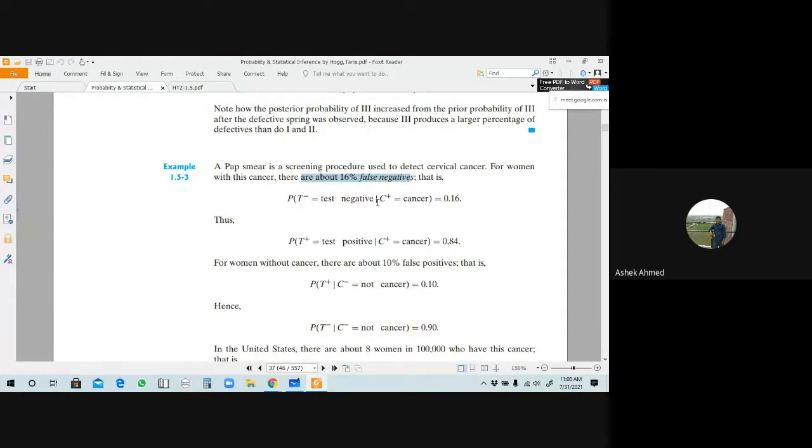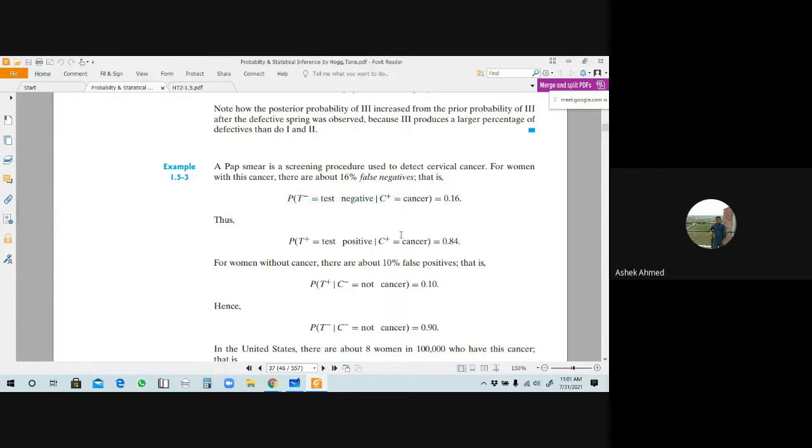What do you mean by this false negative? Response করো. So symptoms আছে but negative দেখাচ্ছে। ওকে, symptoms আছে অর্থাৎ ক্যান্সার আছে, after testing that will be negative. So this will be T minus given C plus, and this is 16%, which means 0.16.